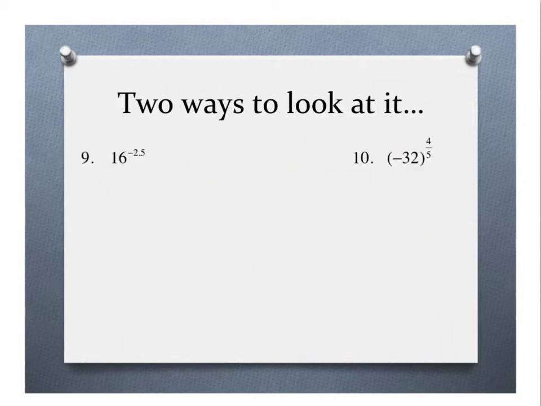Okay, here's where those 2 ways to look at it are actually going to come in really handy. So we're going to do each of these problems in 2 ways. All right, 16 to the negative 2/5, negative 2, or negative 2/5, negative 2.5 is negative 5/2. So remember, I can look at this 2 ways. Okay, we'll do one this way, and we'll do one this way.